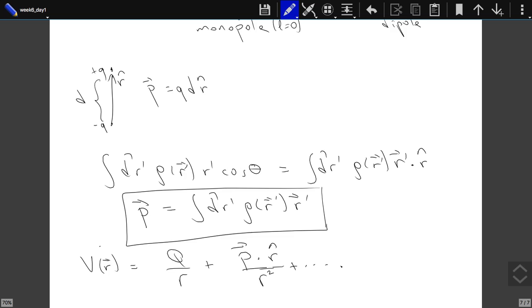So in the third week we had obtained this potential for a simpler system of these 2 charges. I strongly suggest you to review if you had forgotten. So this was basically the same expansion. It is still valid for whatever the charge distribution is.